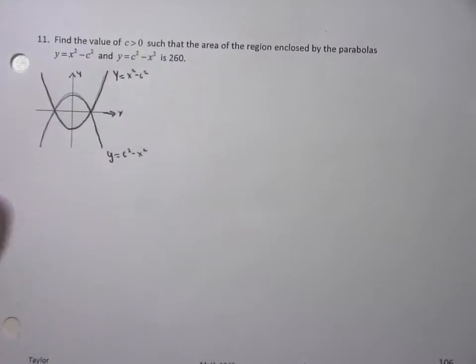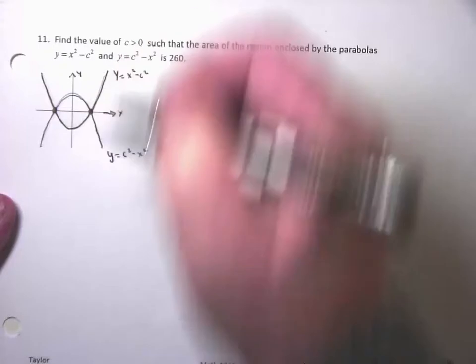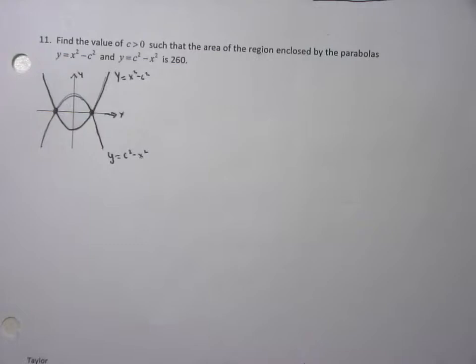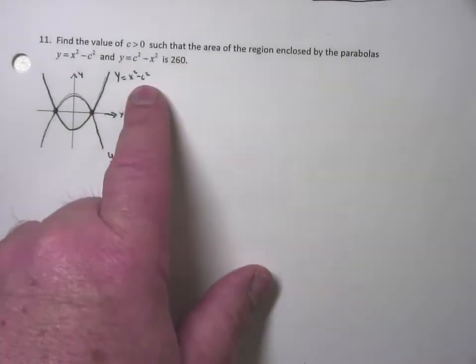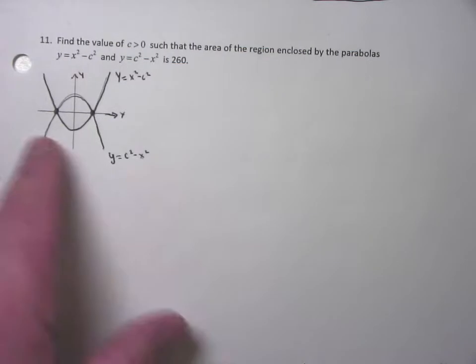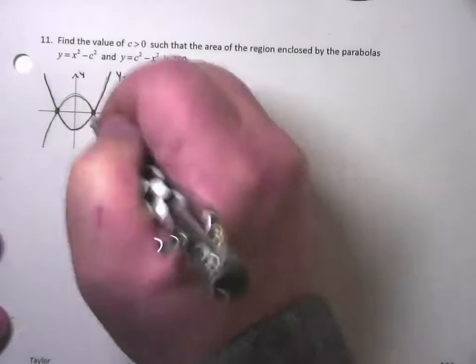Where do they intersect? What are these 2 points right here? Where is this equation equal to this equation? And what value of c makes it such? Look at it. You've got x squared minus c squared, and it's got to be equal to c squared minus x squared. And they both meet up on the x-axis. You know what value they meet up at? At c and at negative c.